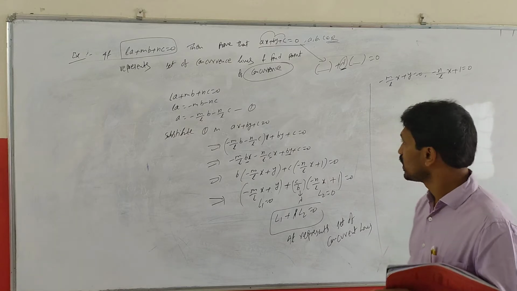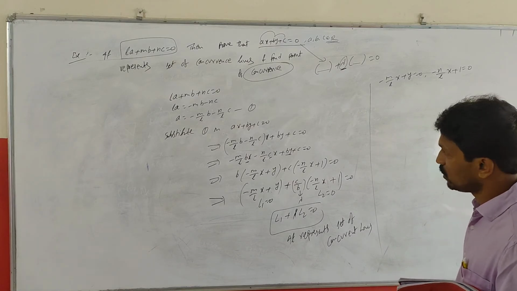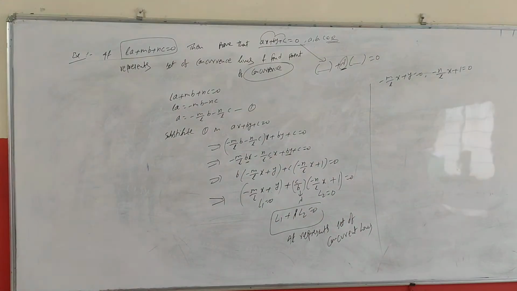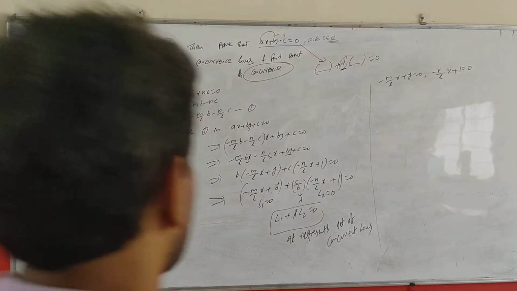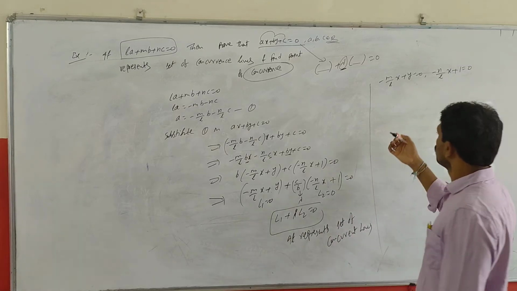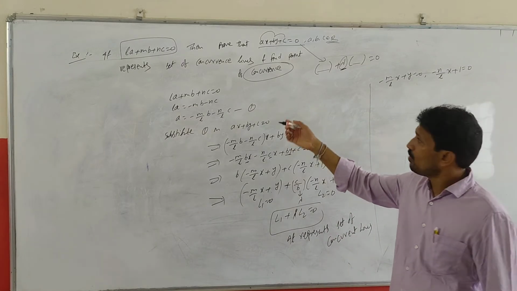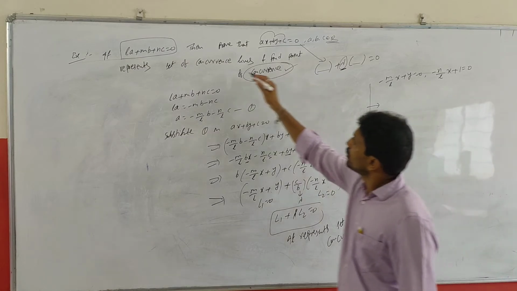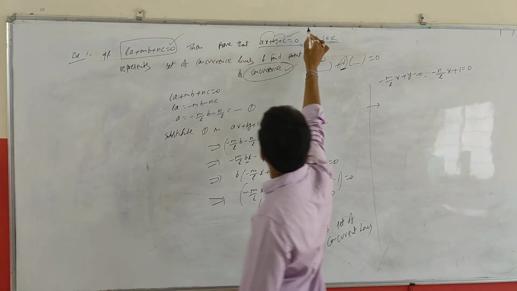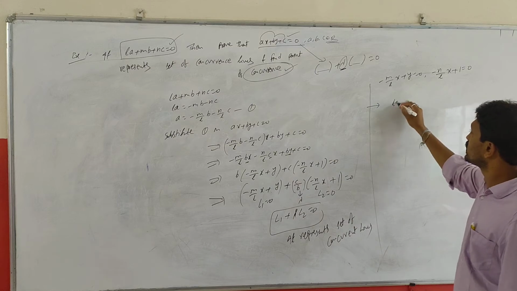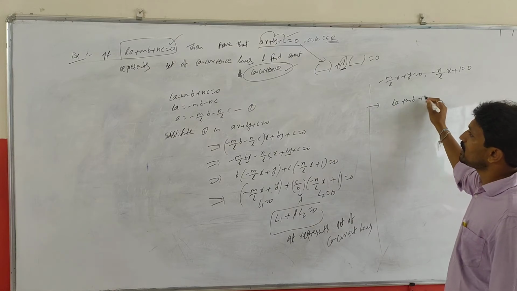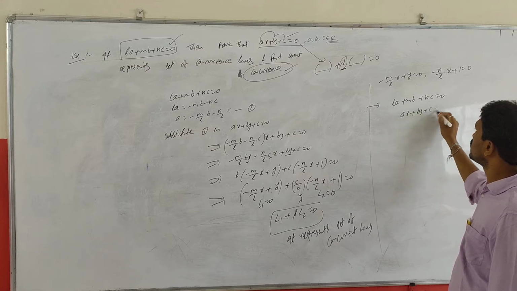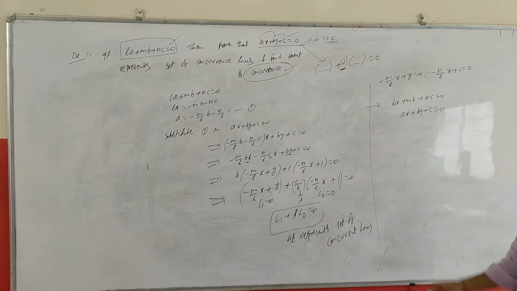Okay, in objective questions, if you want to find the point of concurrence directly, see here, take these two lines: La + Mb + Nc = 0 and ax + by + c = 0.